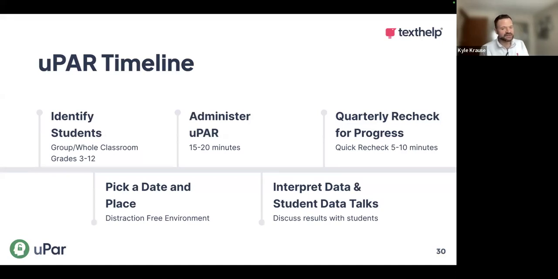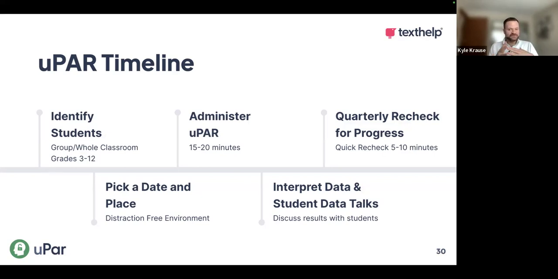If you do an entire class, your really advanced learners or high readers will be prompted: do you want to keep going? If students say yes, as some of those high achievers can, it could take longer than 20 minutes. So always set a little time limit for yourself, no more than 30 minutes, where we'll cap this off for our students.